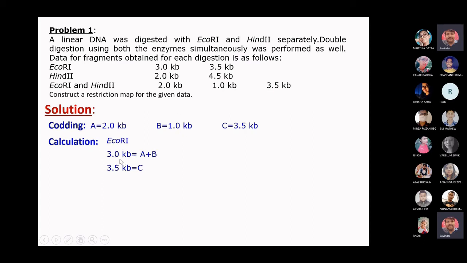A plus B can make 3 kb, since 2 and 1 make 3 kb. And C itself is 3.5. The same way you will do it for HIN2. The 2 kb fragment you get directly from A, and 4.5 can be made by adding fragment B and fragment C.